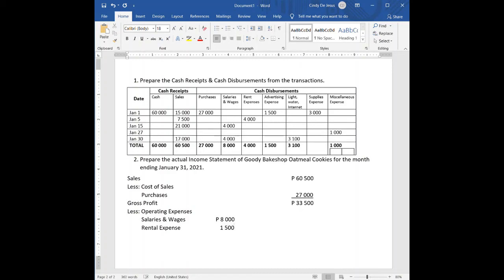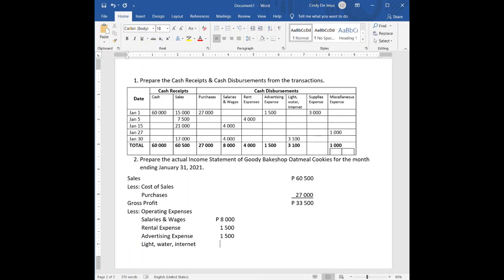And then, what other expense do we have there? We also have the advertising expense, which is how much? 1,500 also. And then we have here the light, water, internet.